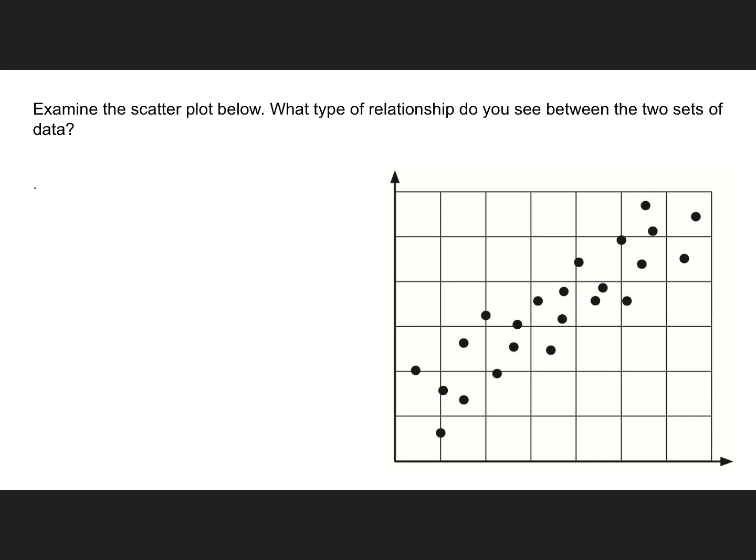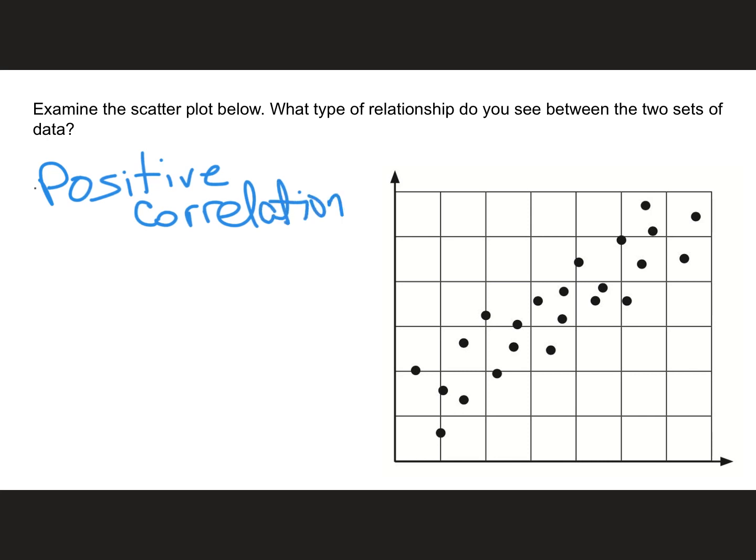So remember here, the only options for types of relationship is positive correlation. That means that it is a linear correlation. We draw a line to represent it, and it moves in a positive direction. Our positive is up from left to right, or you can choose negative correlation.